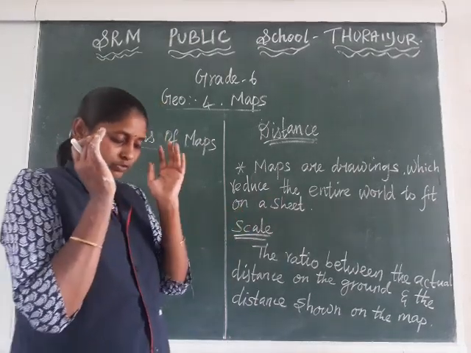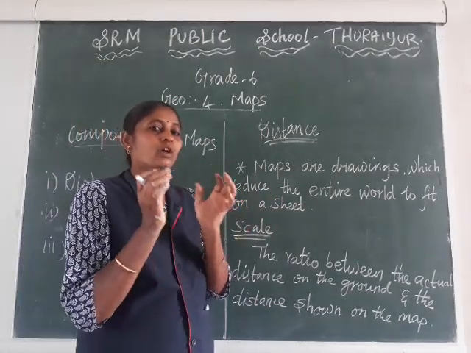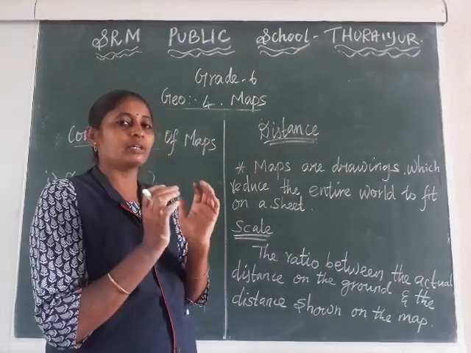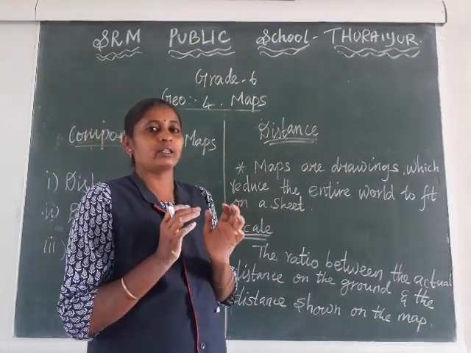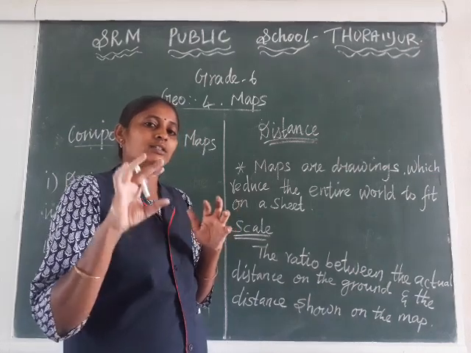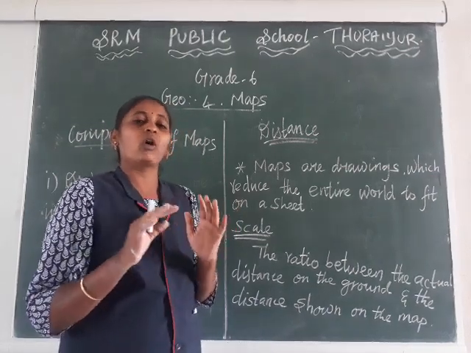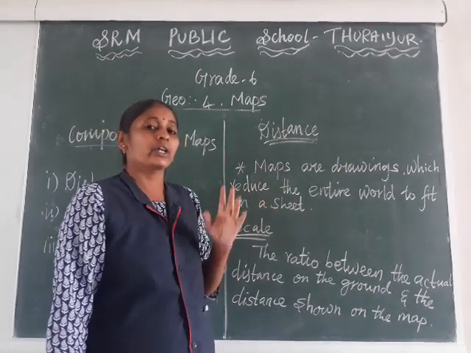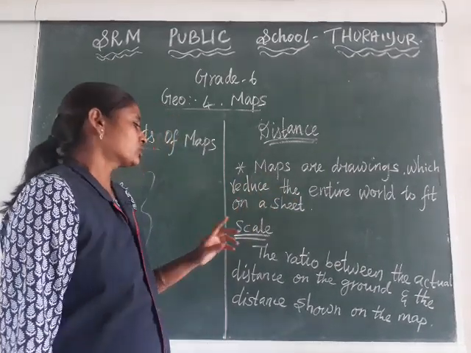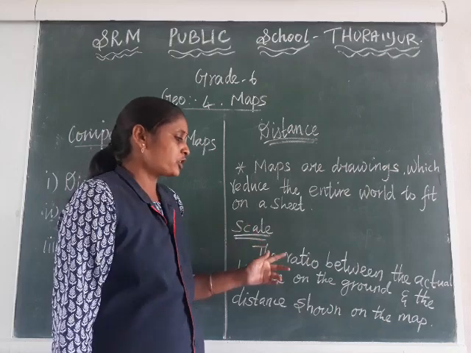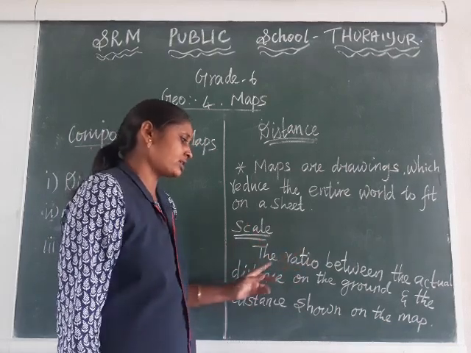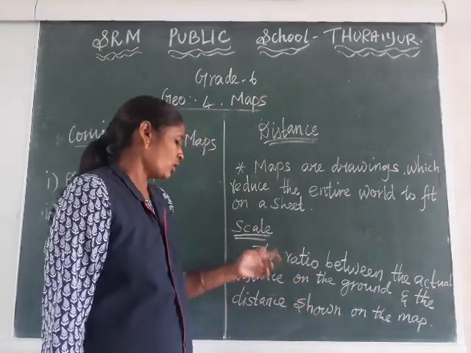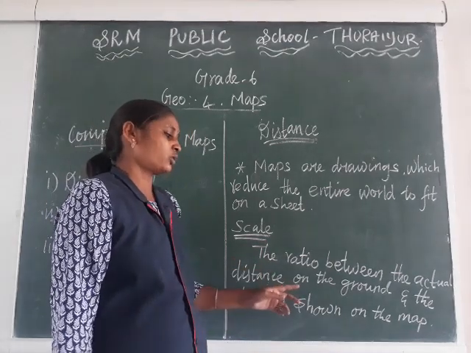So for that sheet, how much distance we are supposed to leave, that we have to decide. Otherwise the size of the continent and the size of the country will look awkward. So for reducing that we are using scale. Scale is the ratio between the actual distance on the ground of the earth and the distance shown on the map.